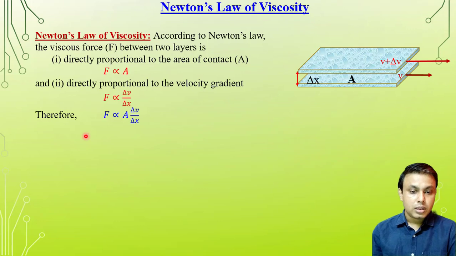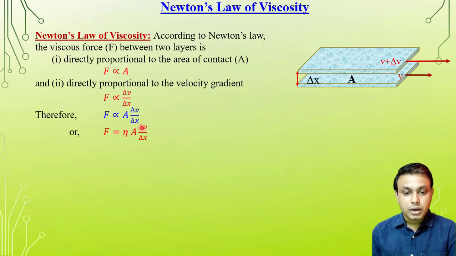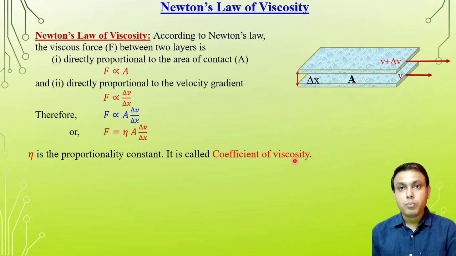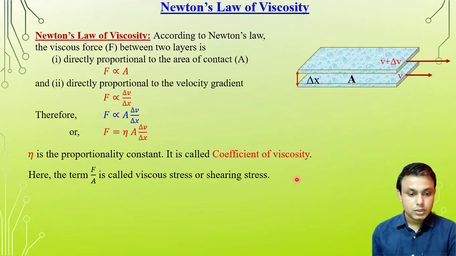Therefore you can write that F is proportional to A into delta v by delta x, and hence F equals eta A delta v by delta x, where eta is a proportionality constant called the coefficient of viscosity. Here the term F by A is called viscous stress or shearing stress.